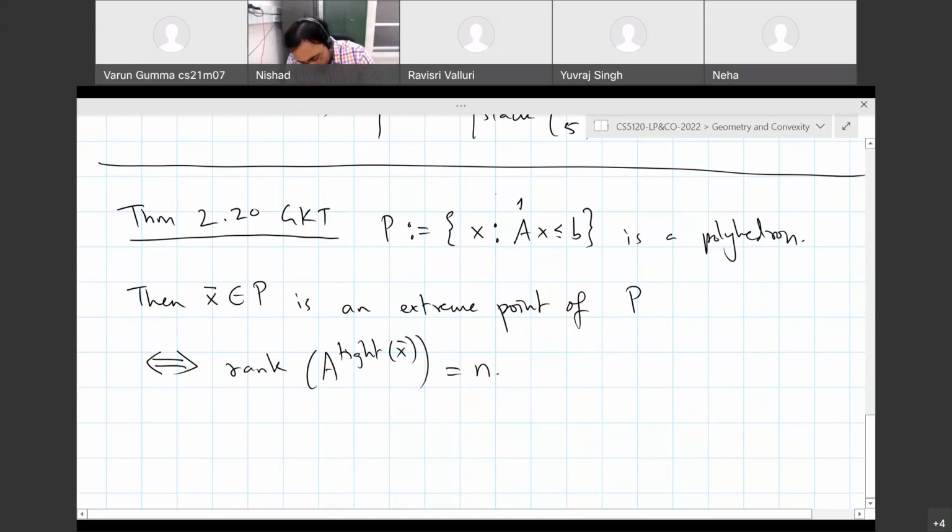Where A is m cross n. The dimensions of the rest just follow from A's dimension.